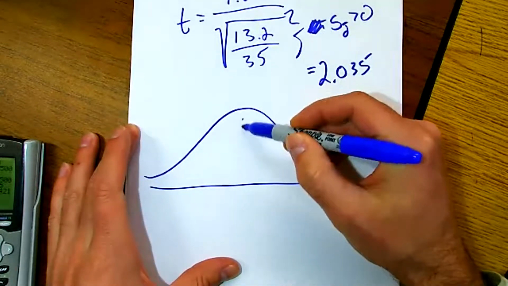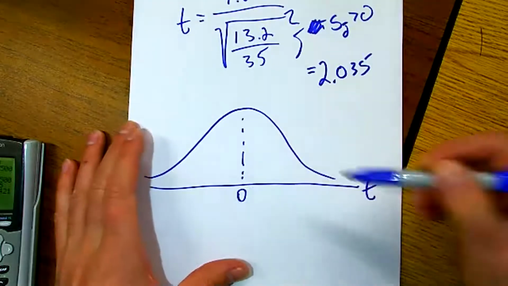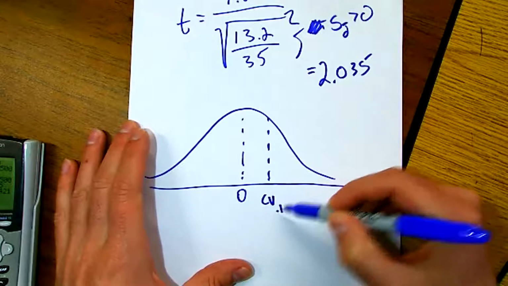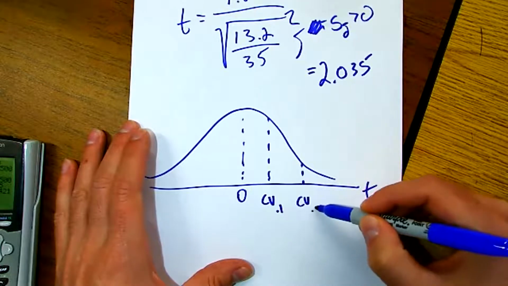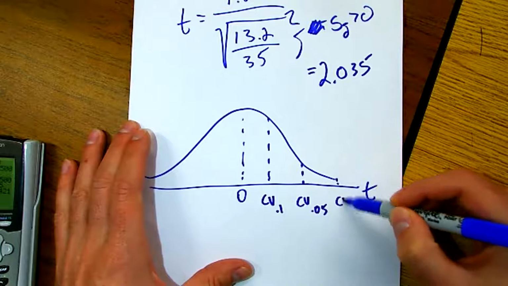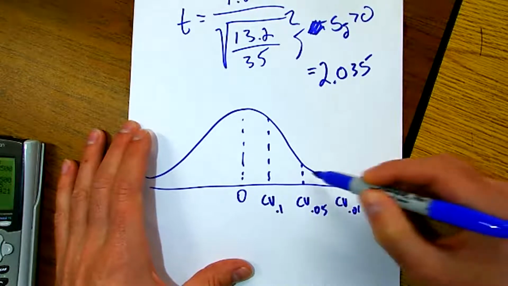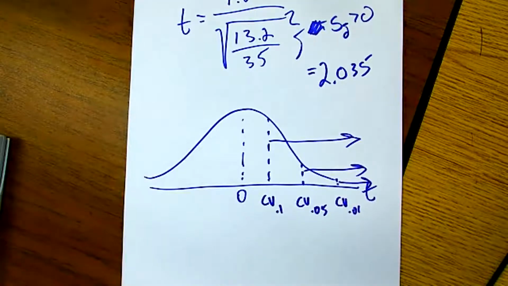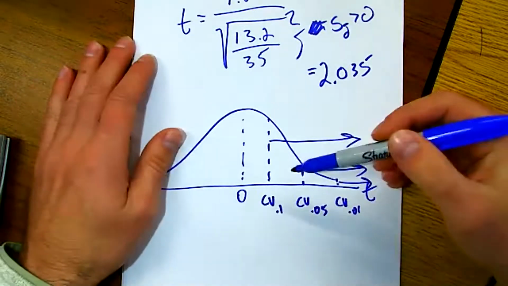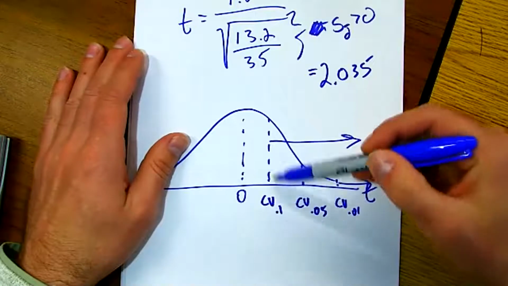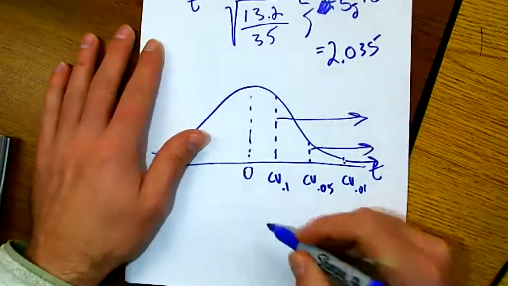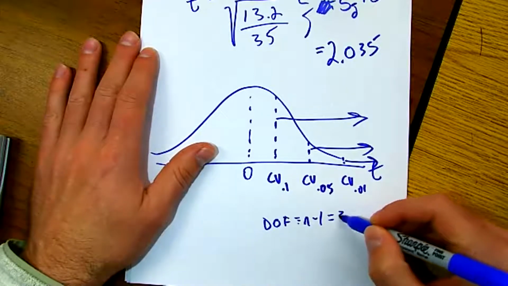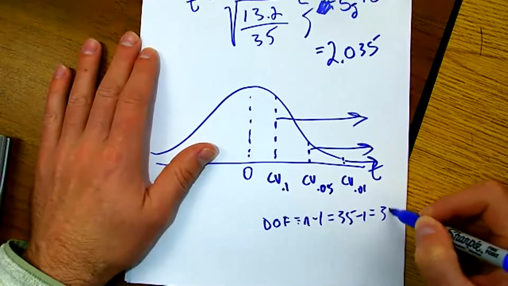I know that it's centered around 0, and I want to find the 3 critical values that give me 0.1, 0.05, and 0.01 in the tail, because I only have a right-tailed test. So what's my critical value that gives me 0.1 in that right tail? And my degrees of freedom is simply n minus 1, so 35 minus 1, or 34.